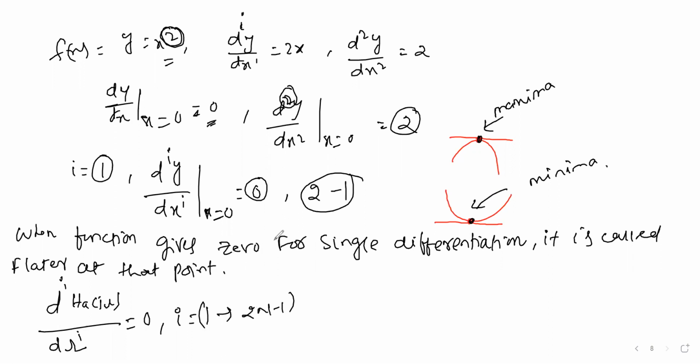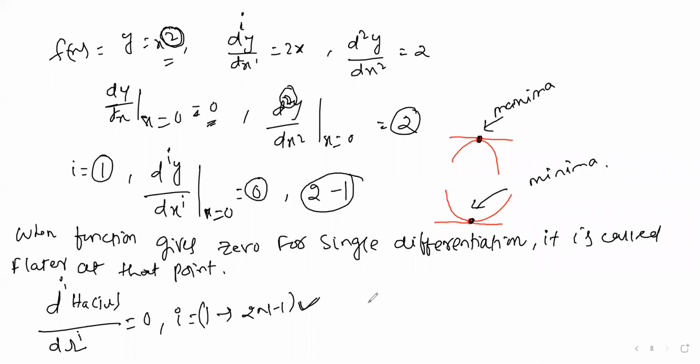So for a single 0 value, it is called flat, meaning only a single flat point, either maximum or minimum value. But here we are getting 0, 2n minus 1 number of times. The Butterworth filter gives 0 value for 2n minus 1 number of times of differentiation.